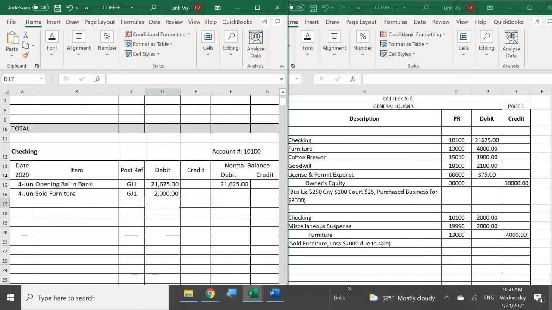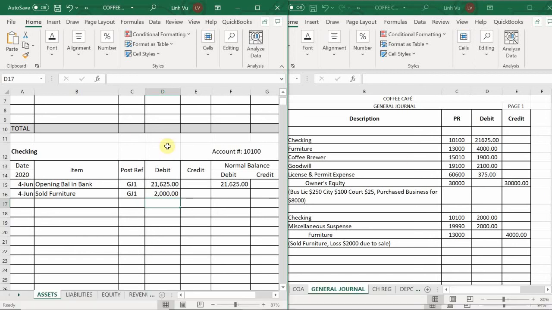Okay? Now, this is where you guys are going to need to know this formula. All right? So, we're going to start off in our debit column here, right? Now, how we do this formula so we can create a running balance is, we start off with our equal.